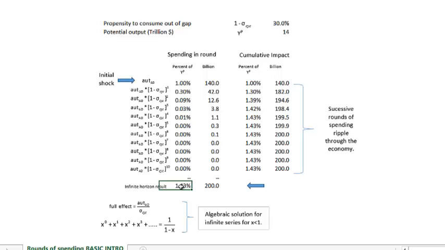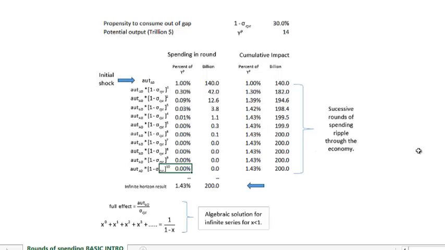It's 1.43%. In billions of dollars, that initial $140 billion was rippling through the economy and ultimately ended up increasing spending by $200 billion.